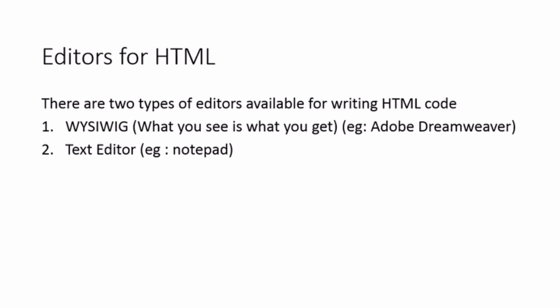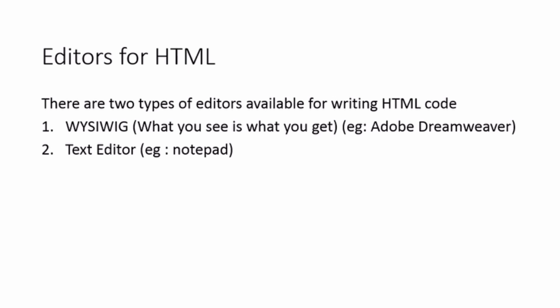For writing HTML code, we have to use editors. Now there are two types of editors which are available. One is called the WYSIWYG editor and the other one is called the text editor. WYSIWYG editor will help you to add commands directly which are available in the software which is used for writing HTML.